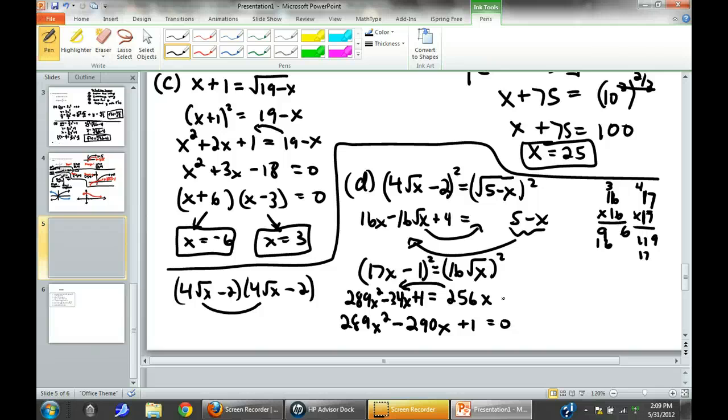That might be factorable. Wow. 289x and x, 1 and 1, minus and minus equals 0. Wow.